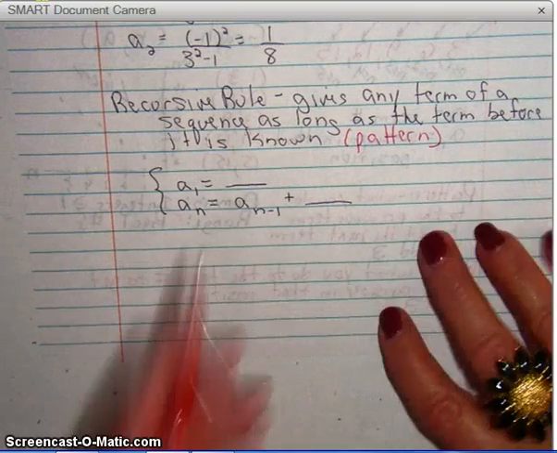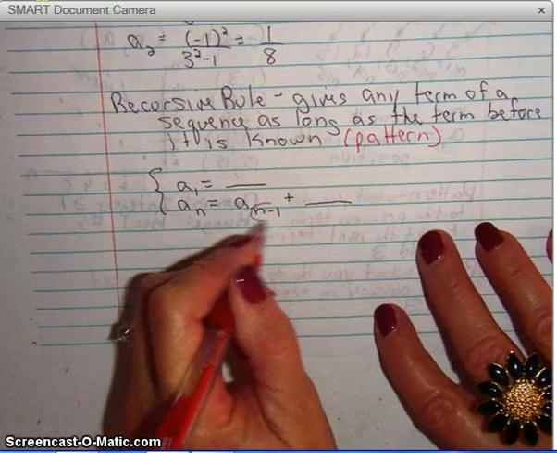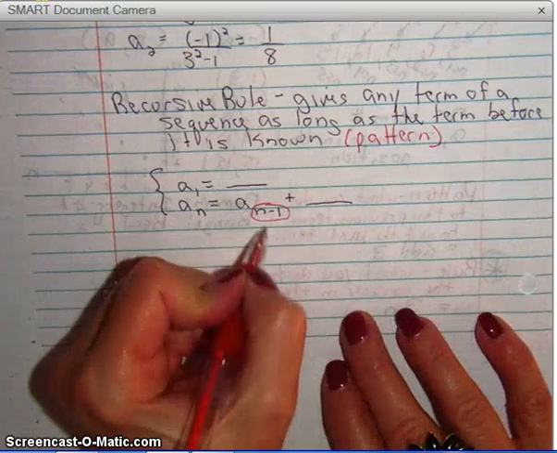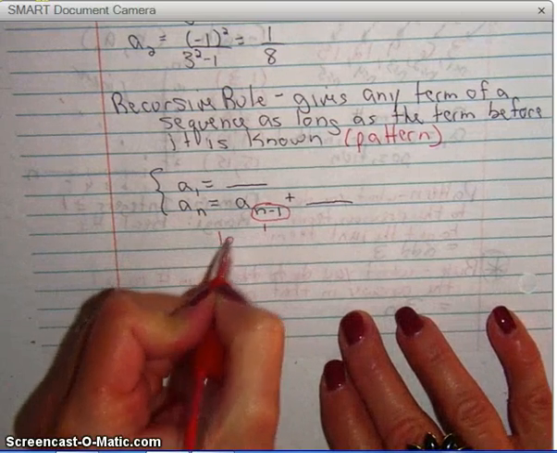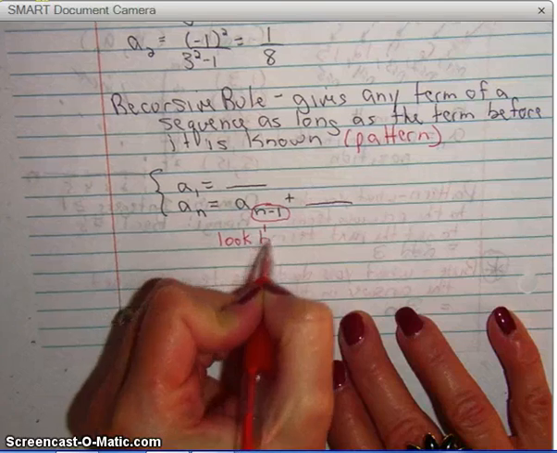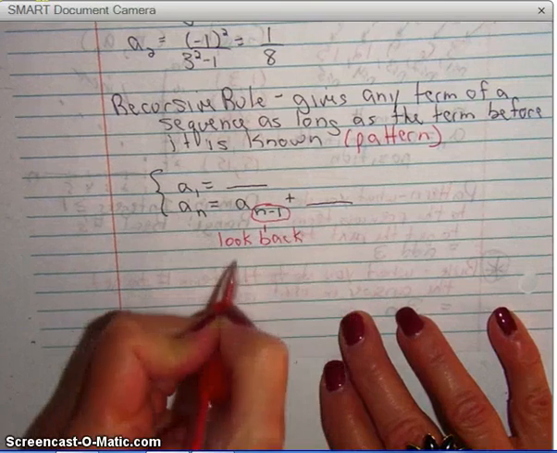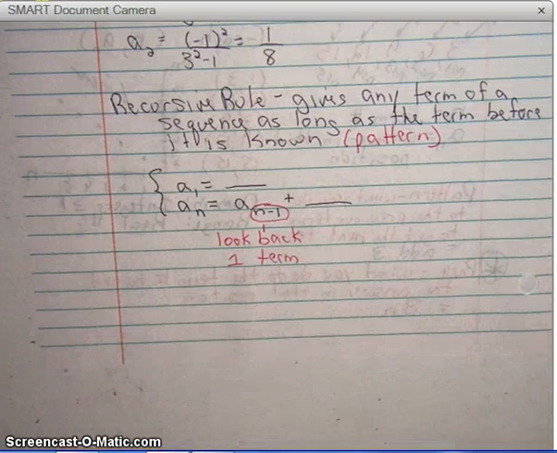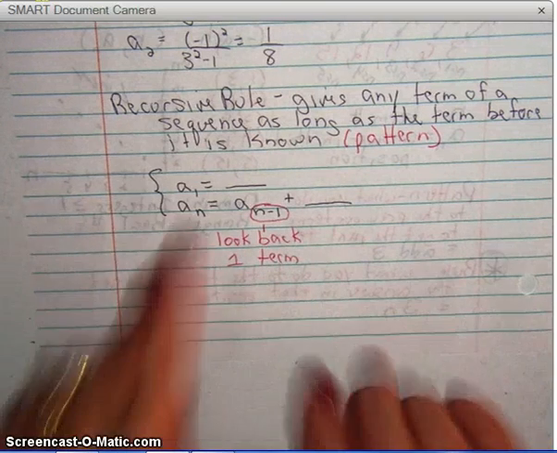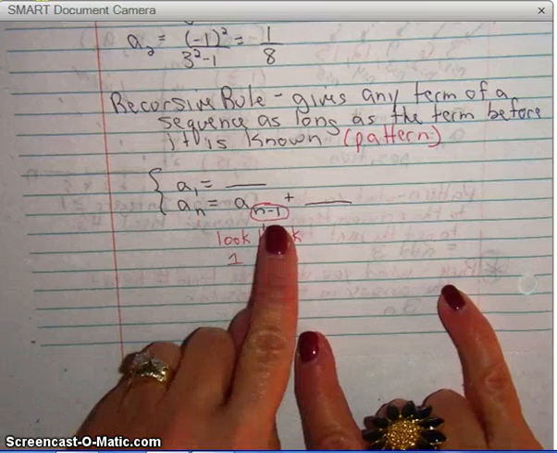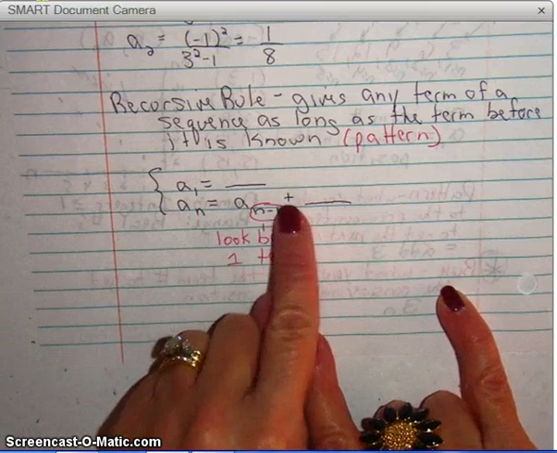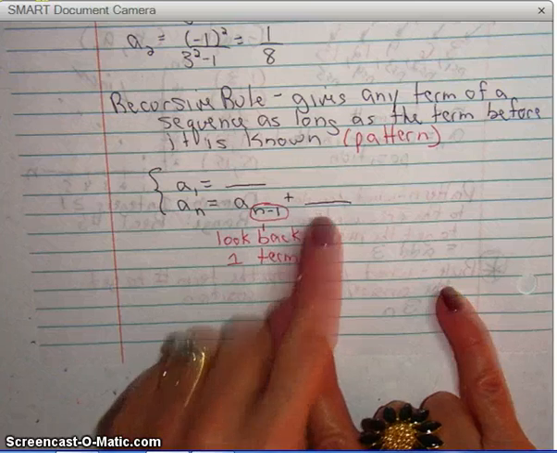Now, normally, guys, you don't put anything in here for n minus 1. You don't put anything in there. All that means is look back 1 term. So it says after you get the first term, look back 1 term and add or subtract or multiply or divide it by something.